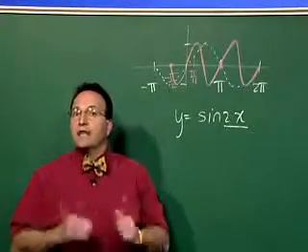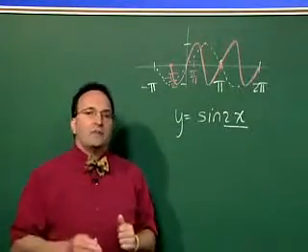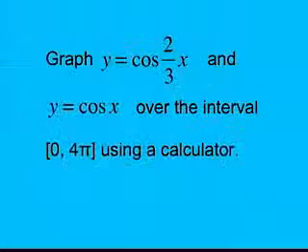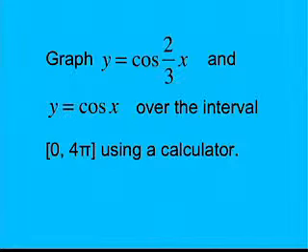Now let's look at another example of this type of varying the period of the graph of a sine wave. Graph y equals cosine of 2/3 x, and y equals cosine x over the interval 0 to 4 pi.